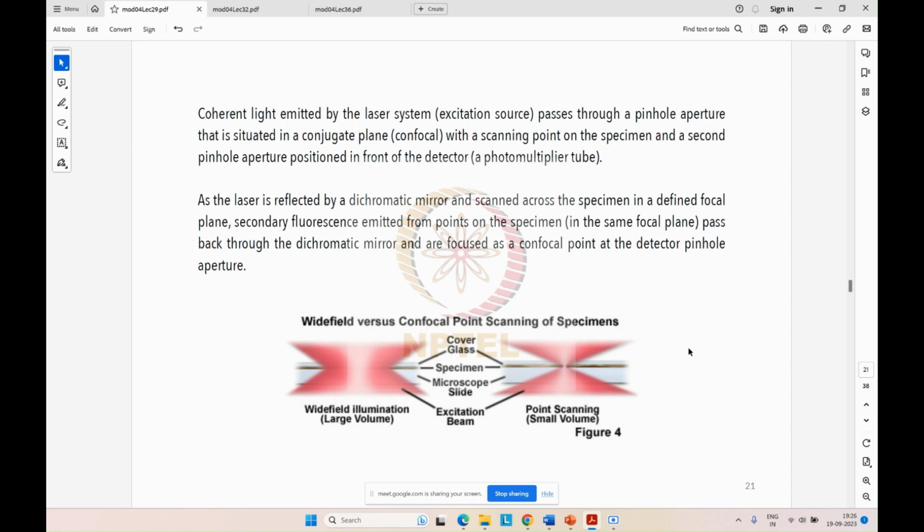The downside of this is that you would bleach your samples faster. When you are looking at fluorescent samples, you have a very limited number of fluorophores present in your sample, and most of the time, once you excite these fluorophores and they emit light, they lose their fluorescence because they can't go back to their ground state.